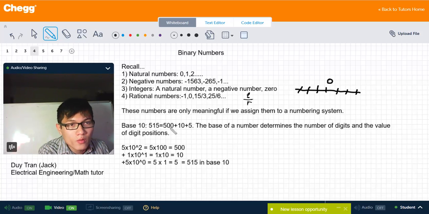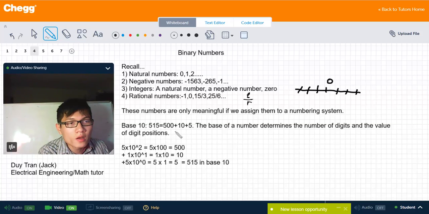The reason I write it this way is that these three numbers can be factored into some constant times 10 to some power. So 500 equals 5 times 10 to the 2, which is 5 times 100, which is 500.